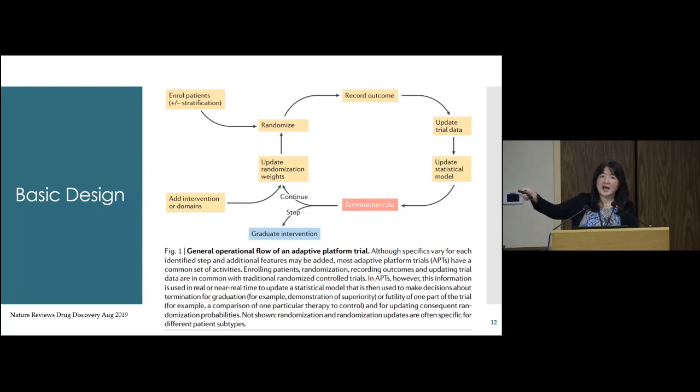But in adaptive platform trials, after you update the trial data, periodically you update your statistical model, and that helps guide the decision on whether to continue that arm or whether it finishes and gets terminated.